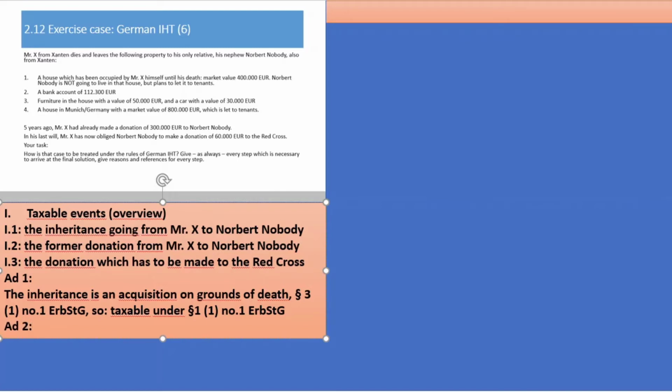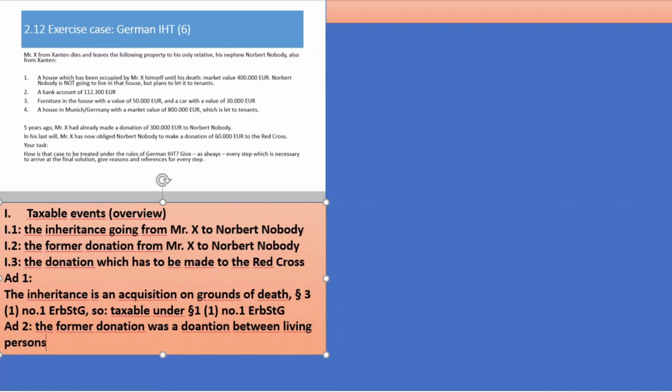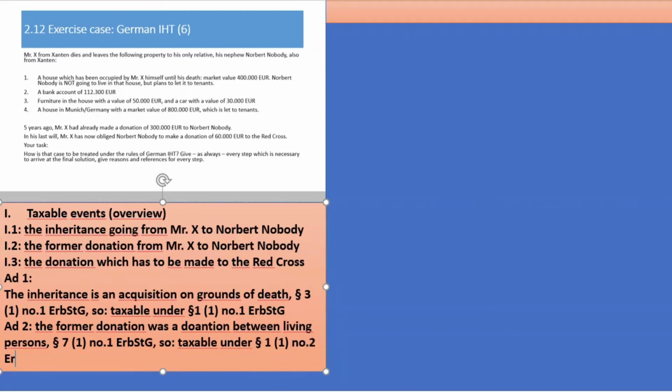Number 2, the former donation was a donation between living persons. That can be seen in 7(1), number 1 of the Inheritance Tax Act. At least I profoundly hope so. We will have to check this to control if that's really right. So taxable under 1(1), number 2 of the Inheritance Tax Act.